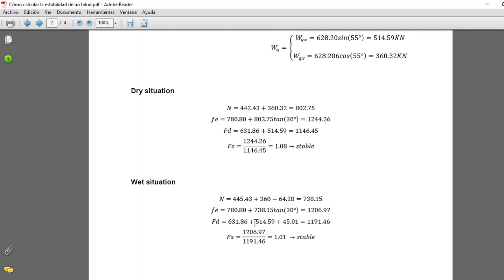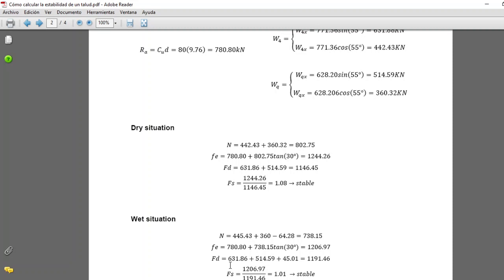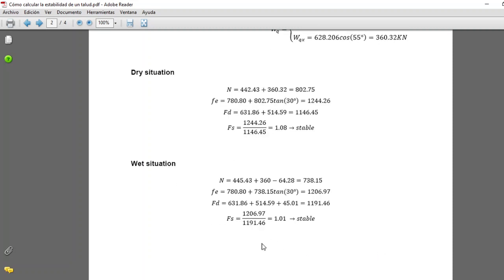This is the component X of W4 plus the component X of WQ plus the component of E, there is 45.01, and we have the result 1091.46 kilonewtons.